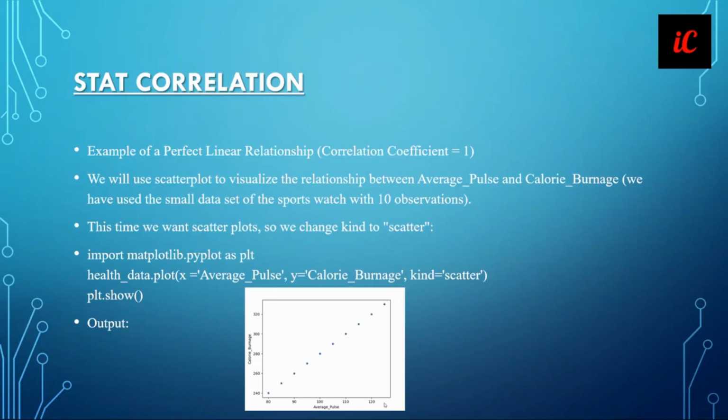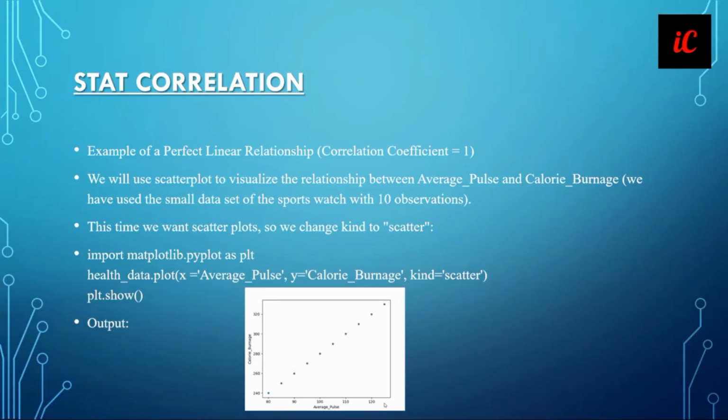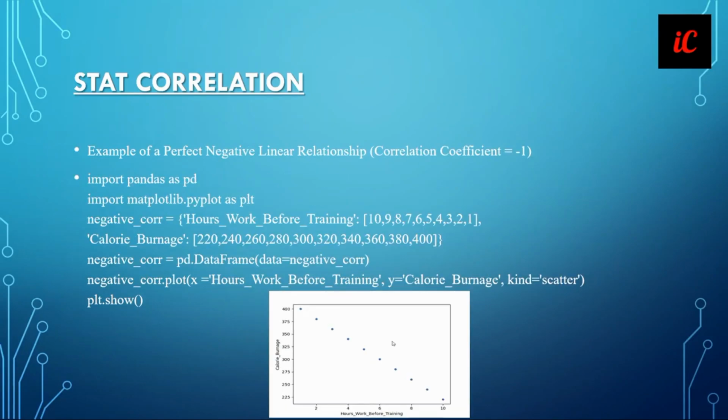Once you read this code, you will be able to understand what it is going to produce. There exists a perfect linear relationship between the average pulse and the calorie burnage. This is the example of a correlation coefficient equal to 1. That is how we can create it when the correlation coefficient is equal to 1. I hope you understood.